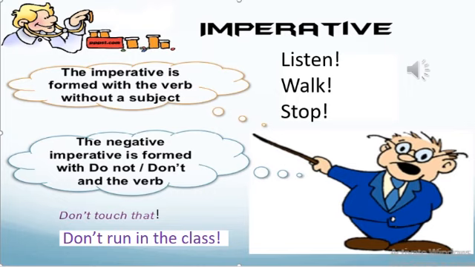Listen, walk, stop. And we can use it with negative form. The negative imperative is formed with do not or don't and the verb. For example, don't touch that. Don't run in the classroom.